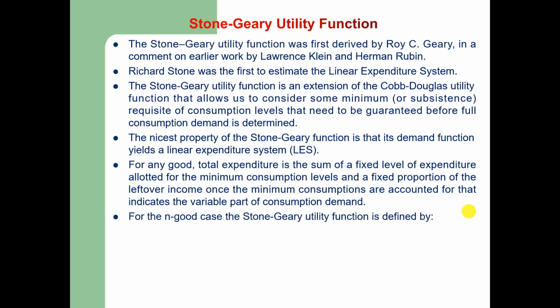For the n good case, the Stone-Geary utility function is defined by the following equation, where the utility function for goods x1, x2 up to xn is equal to (x1 minus z1) raised to the power alpha 1 times (x2 minus z2) to the power alpha 2 up to (xn minus zn) raised to the power alpha n, and that is equal to the product of (xj minus zj) raised to the power alpha j, where j varies from 1 to n.